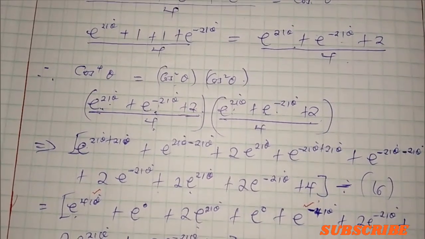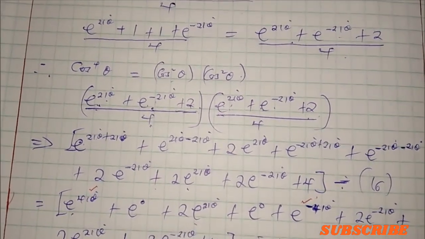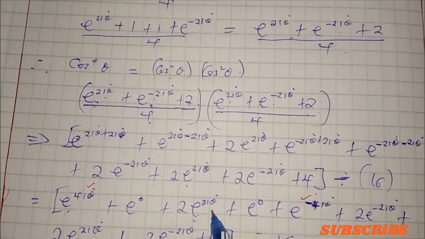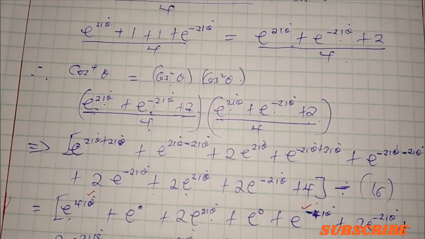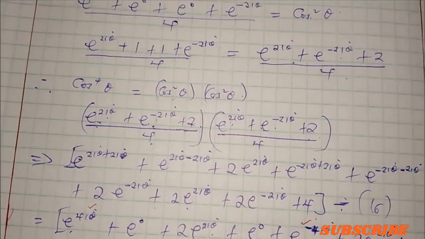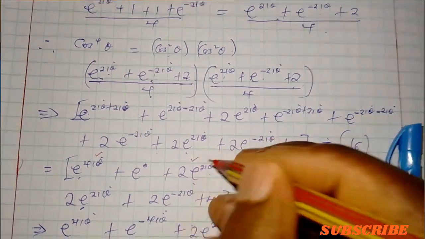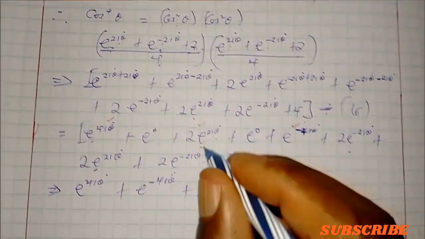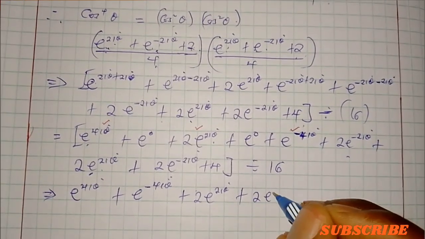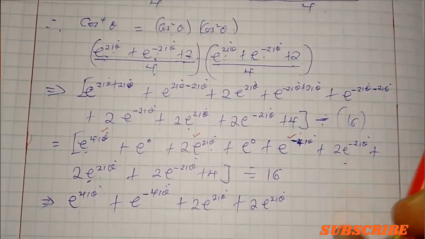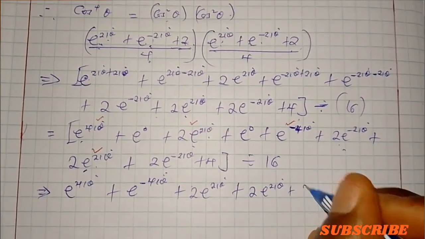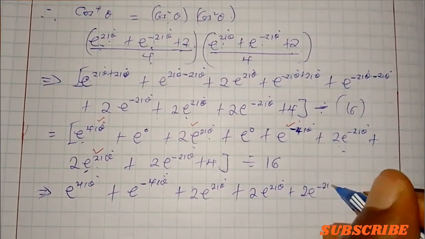Then let's move to 2e raised to power 2i theta. This one has the same arrangement with this one and this one. So we add this one, 2e raised to power 2i theta. We're done with this one. Then plus this one, plus 2e raised to power negative 2i theta.